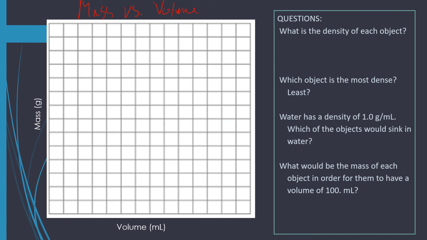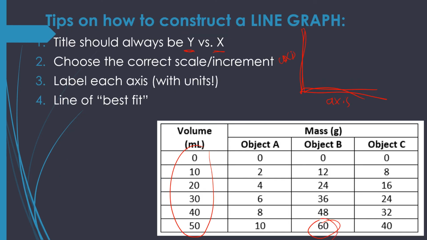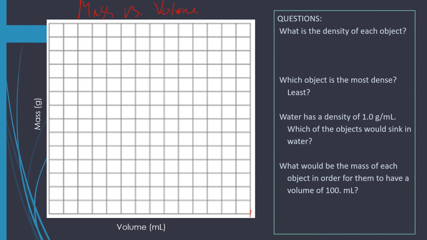And then we just have to make sure that we have enough room. So on the bottom here, we have 1, 2, 3, 4, 5, 6, 7, 8, 9, 10, 11, 12, 13, 14. So there's 14 hash marks. If we make every 2 equal 10, or every 1 equal 5, we would have room for 60. So that's going to work. So if this is 0, then this would be 10, 20, 30, 40, 50, 60.